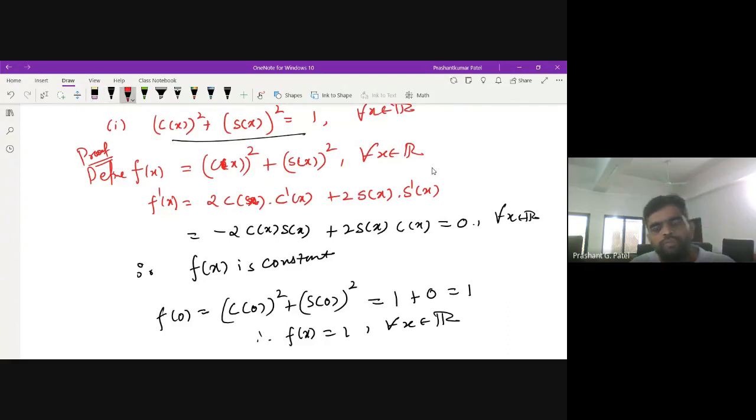Now the next is to prove that the c function and s function we have defined are unique.